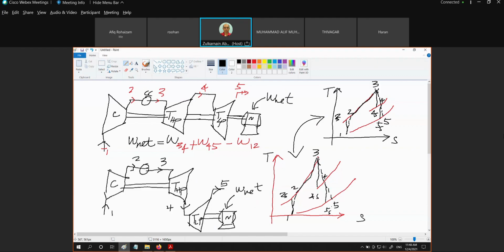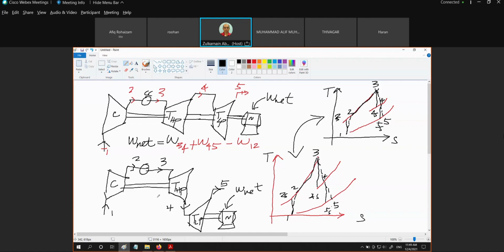And the first turbine, the high pressure turbine, the objective is purposely just to run the compressor. So what is the difference between this first schematic diagram and this second schematic diagram, where we separate the turbine high pressure, whose work output is just to run the compressor, and the turbine low pressure is just to run the W net or the electrical generator?